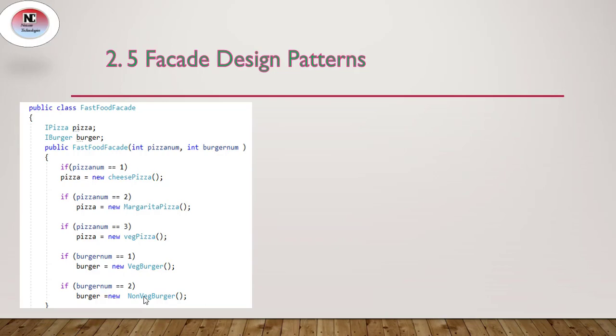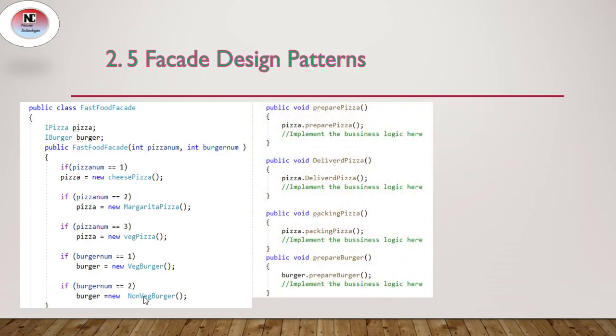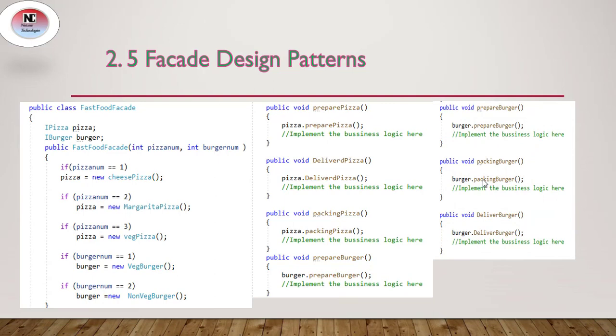So the facade has implemented all the methods of all the burgers and pizzas. Now we have a few more methods which are called in fast food, that is prepare pizza, packing pizza, deliver pizza. The same way, prepare burger, then packing burger and deliver burger.